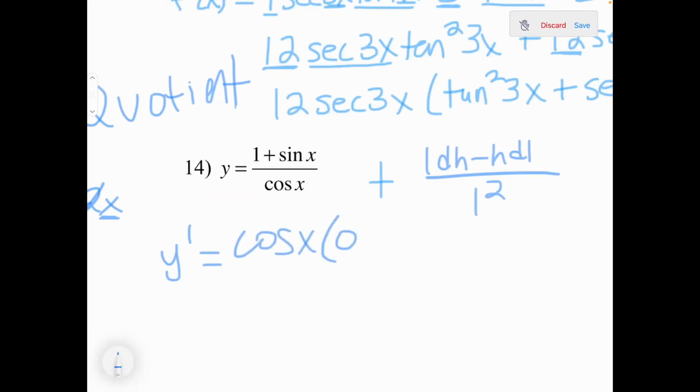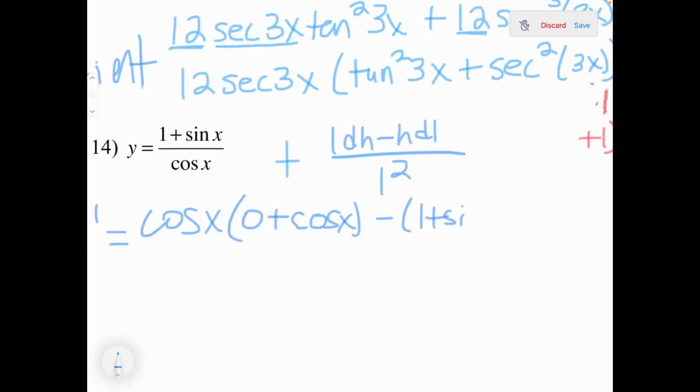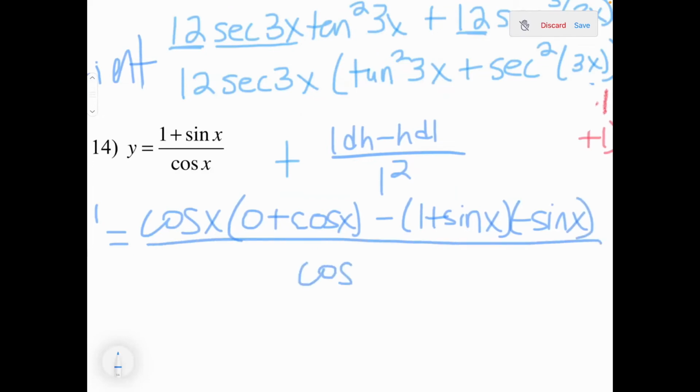Derivative of 1 is 0. Derivative of sine x is cosine x, minus 1 plus sine x times the derivative of cosine x, which is negative sine x. And we're multiplying there. All over cosine squared. We get cosine times 0 is just 0.